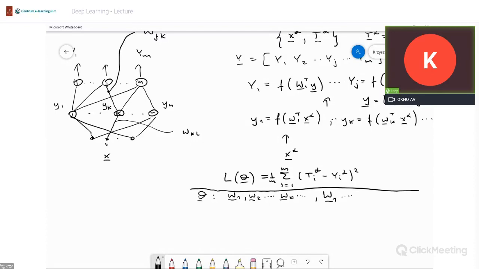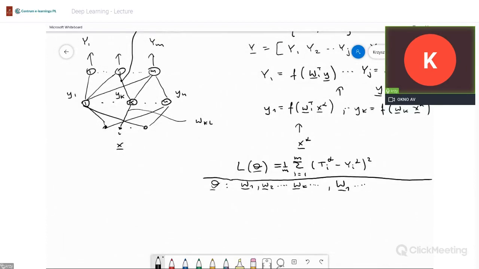If I would like to minimize something, I have an objective function that is a loss, so it is reasonable to minimize the loss. To do that, I should make corrections of parameters.